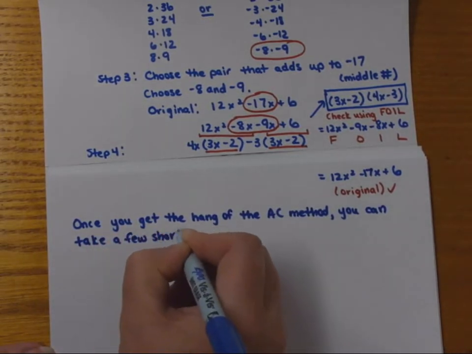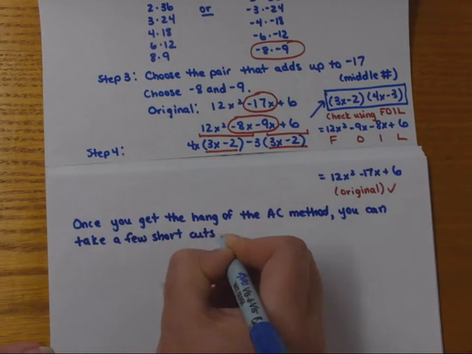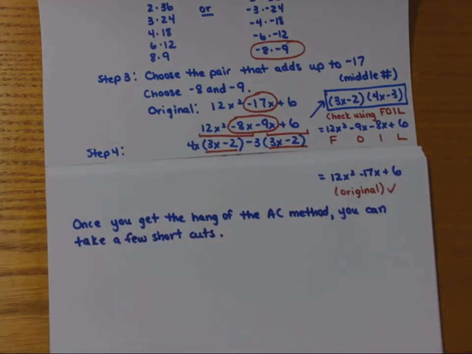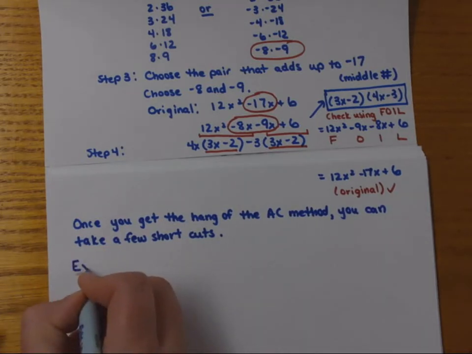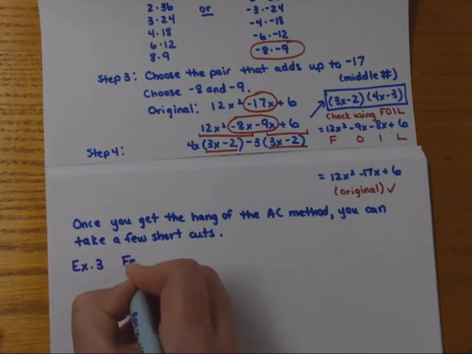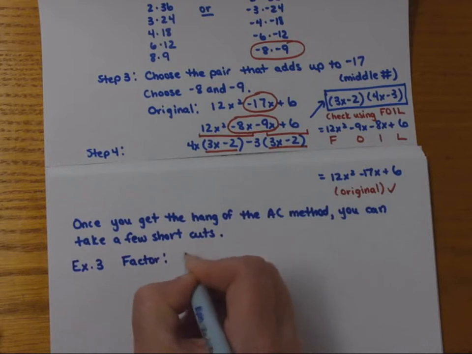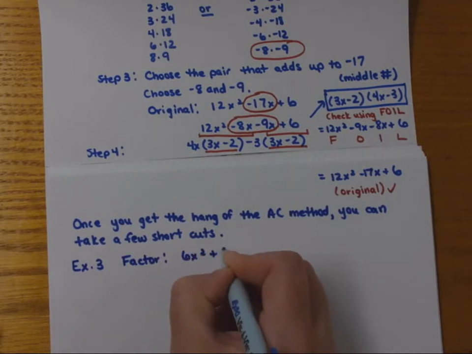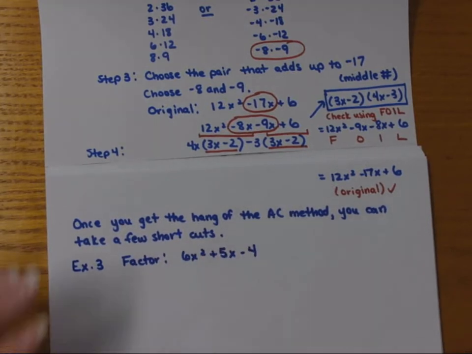If you're not comfortable making the shortcuts, you don't have to, but it can definitely save you some time. Okay, so let's say that we're given another problem, maybe this one. Let's say you're supposed to factor 6x squared plus 5x minus 4.